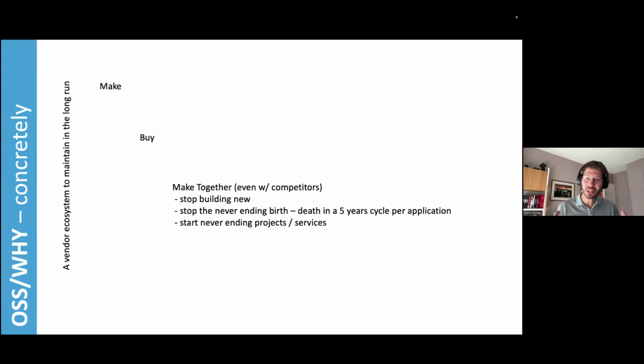We have a lot of technical debt inside. So trying to repair, to fix, to make an evolution of what we made, it's not possible. When you take the make solution and you have the cycle of birth and death, it's very costly from a TCO point of view, and from an SDG point of view, not the best reflex.